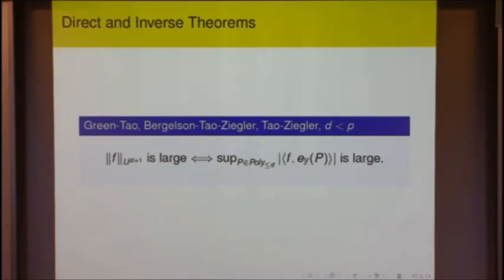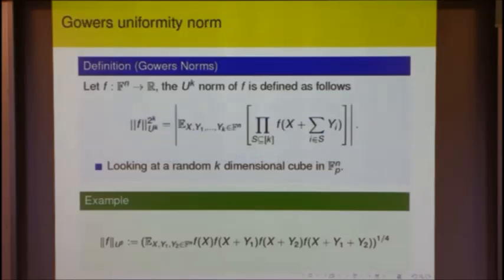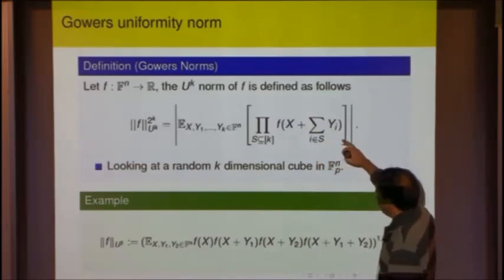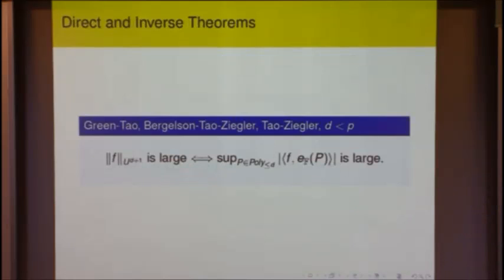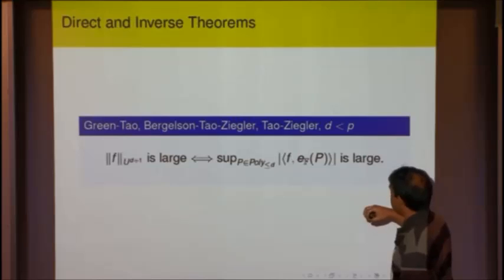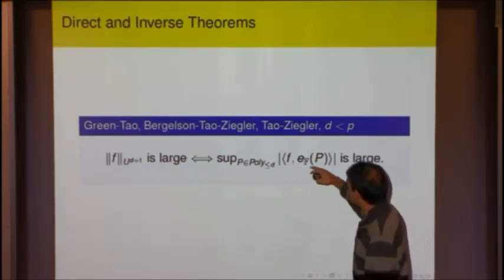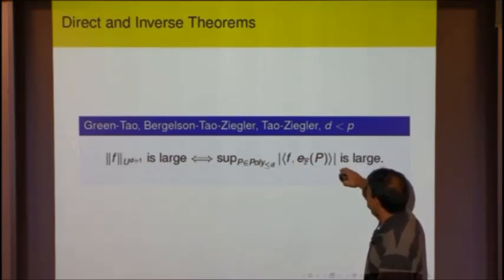Okay. So we have these, right. Let me say this. If your function f is a phase polynomial of degree at most d, and suppose this direction is easy.